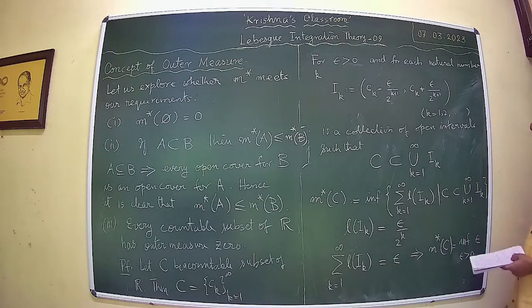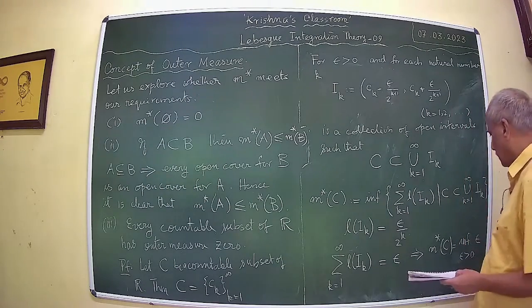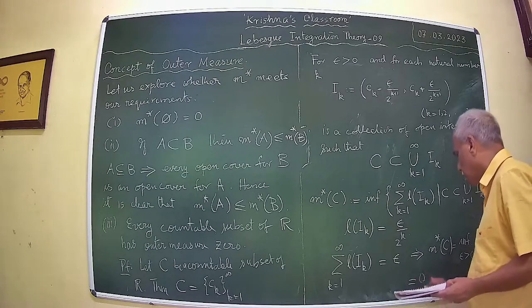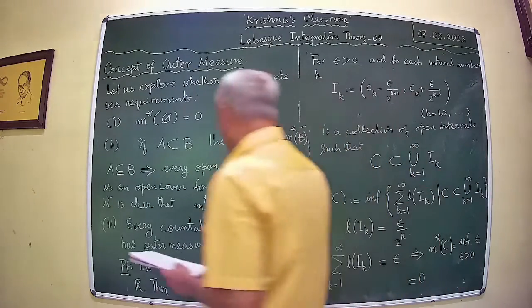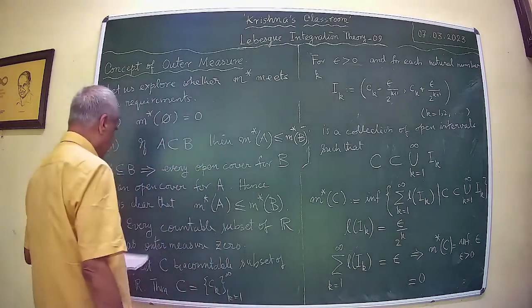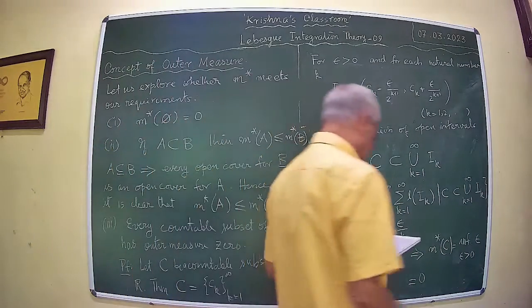So you can choose epsilon as small as you like. Now that is of course 0. Therefore, every countable subset of R has outer measure 0.